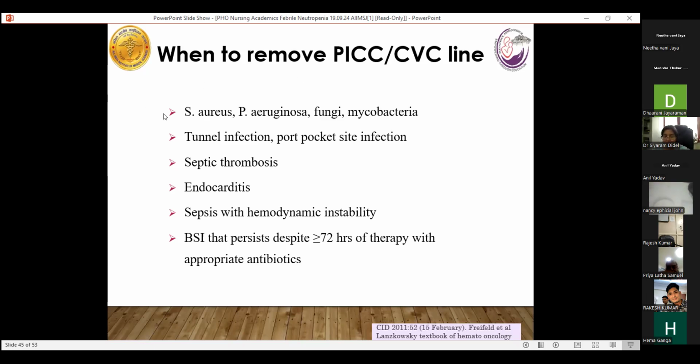If there is a documented infection with Staph aureus, Pseudomonas, fungi or mycobacteria, or tunnel infection or any pocket site infection, septic thrombus evidence, endocarditis, sepsis with hemodynamic instability, and bloodstream infection that persists even after starting therapy, for more than 72 hours, then we should consider removing the central line.